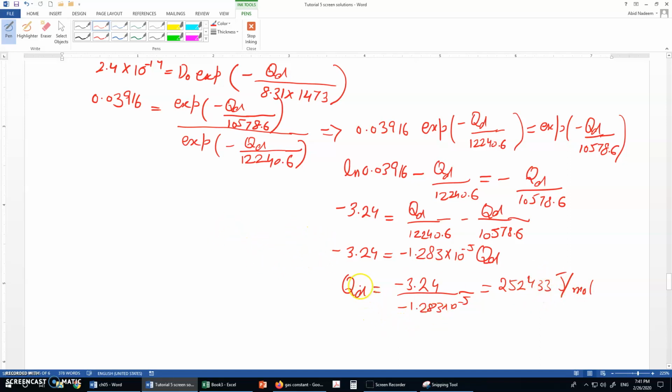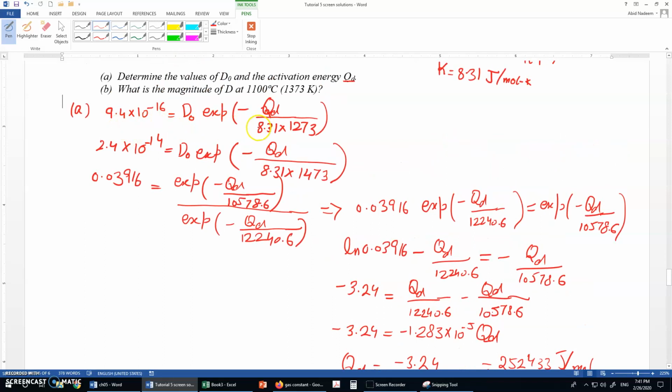So in this way we have found QD. Now we can use this value of QD in either of these two equations to find the value of D naught.